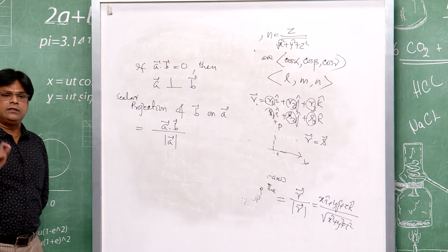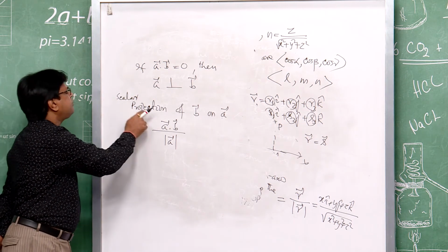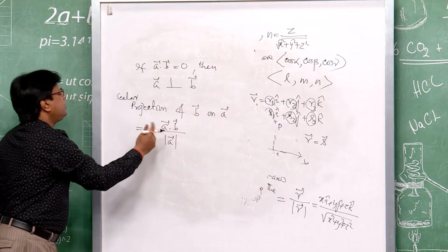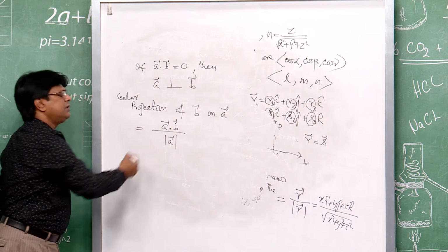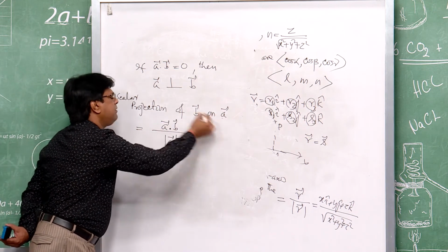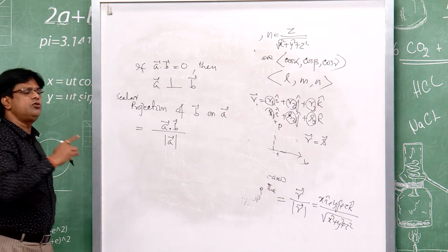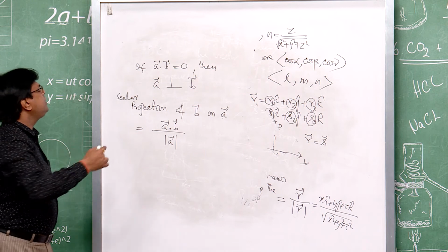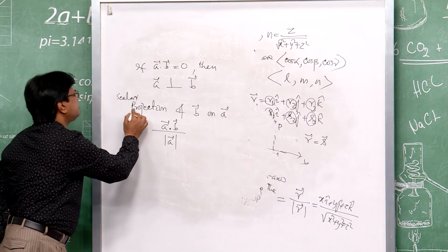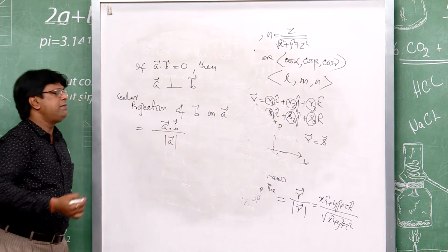So, the dot product of two vectors is a scalar quantity. Similarly, for the scalar projection of B on A, you only have to find the dot product of these two vectors divided by the magnitude of A. Which vector is the projection on, that is most important. Suppose the scalar projection of A on B, it is A dot B by magnitude of B.